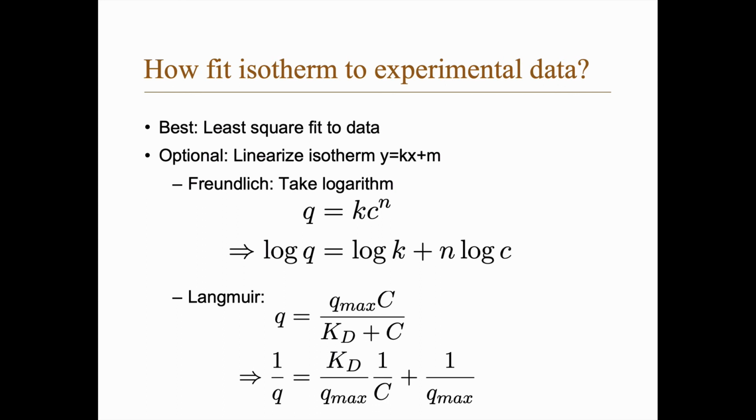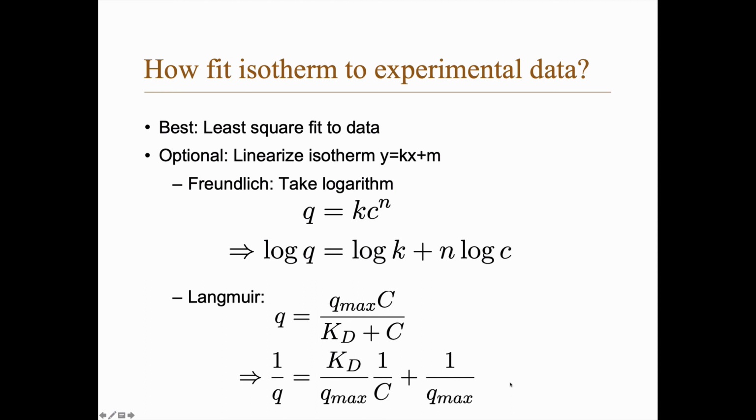An option is to first linearize your isotherm, so you get an equation y equals kx plus m. So for Freundlich, you can take the logarithm. When you do that, you get a linear equation. So log q equals log k plus n log c. So this is the kx term here, and this is the m, right? And for Langmuir, you can take the inverse, and then you also get a linear equation.